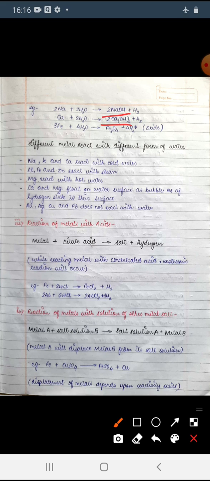Now in the next example, when iron reacts with water, it forms iron oxide plus hydrogen gas is released. 3Fe plus 4H2O, when they react with each other, forms iron oxide, Fe3O4, plus hydrogen gas.